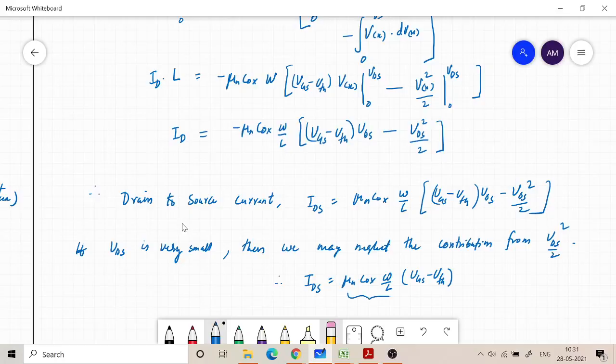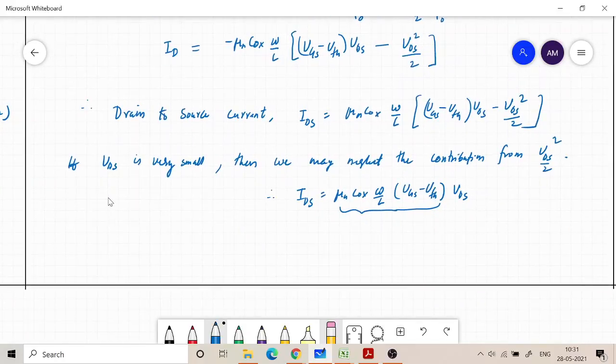So this you can think about like a conductance. For small VDS values, this is like the inverse of the resistance of the channel, where RC is called the channel resistance.